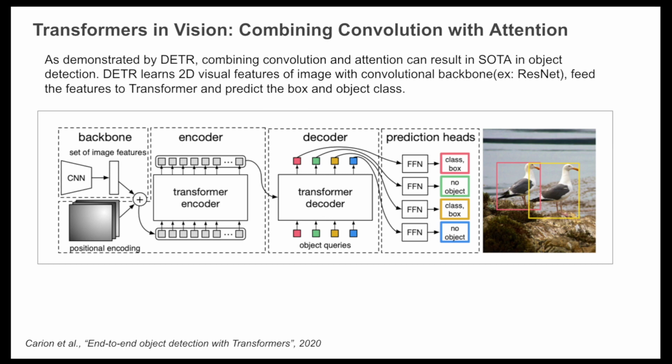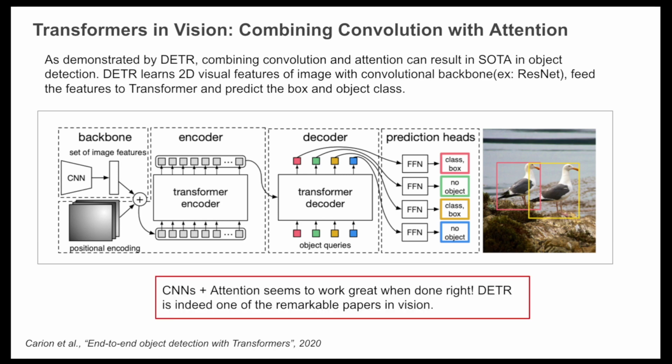The idea of DETR was to run a convolutional backbone like ResNet to extract 2D visual features of the image, feed the features to a transformer, and predict the box and object class. So CNN plus attention seems to work when done right. And as we said, DETR is one of the remarkable papers in computer vision.